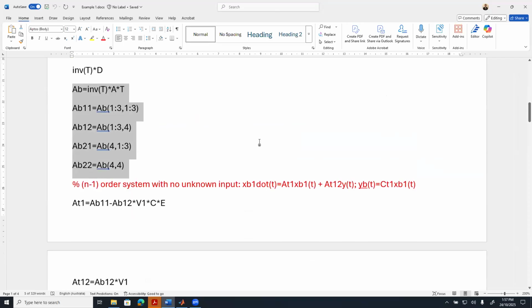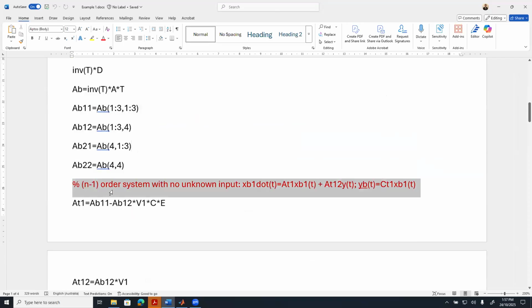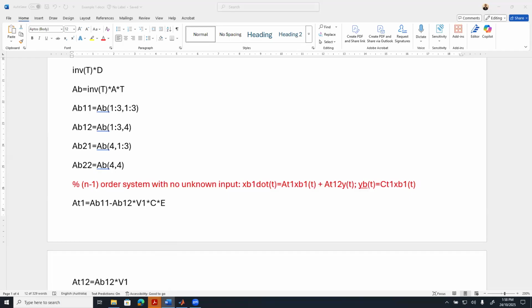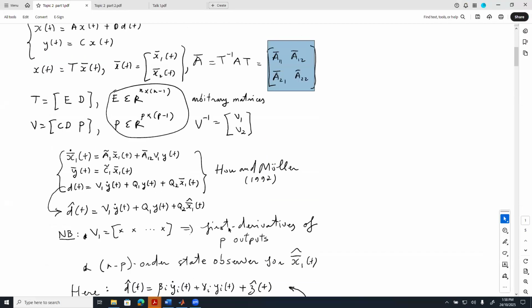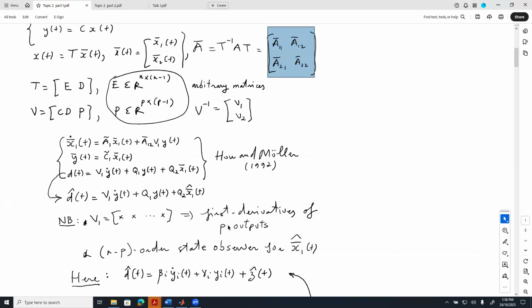And so according to Hou and Muller, we would then be able to obtain an n-1 reduced order system with no unknown input, where in here we get a third order system with no unknown input. And that is from this structure here.